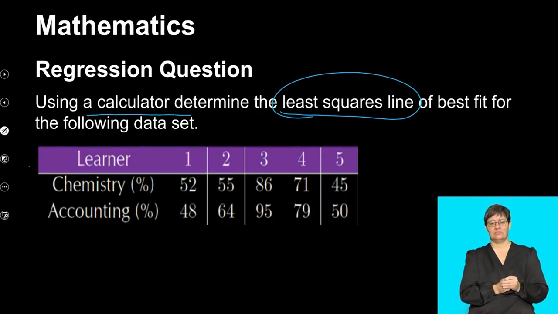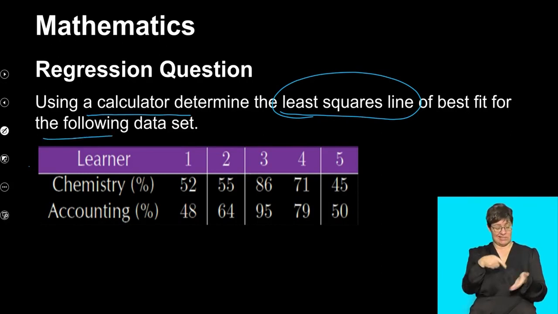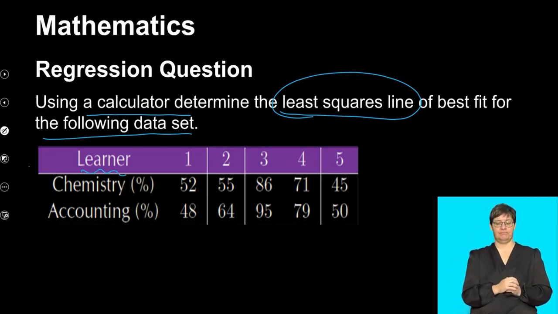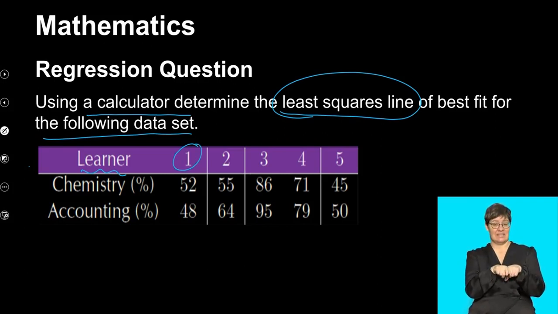So the least square line of best fit for the following data. Here we have Lena 1, so they wrote the test. For the first Lena, chemistry mark was 52% and accounting mark 48%.